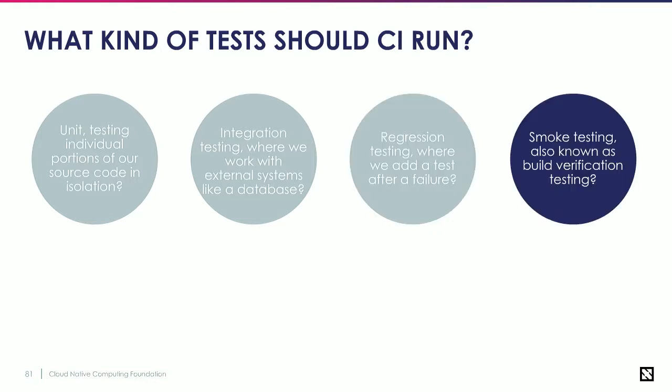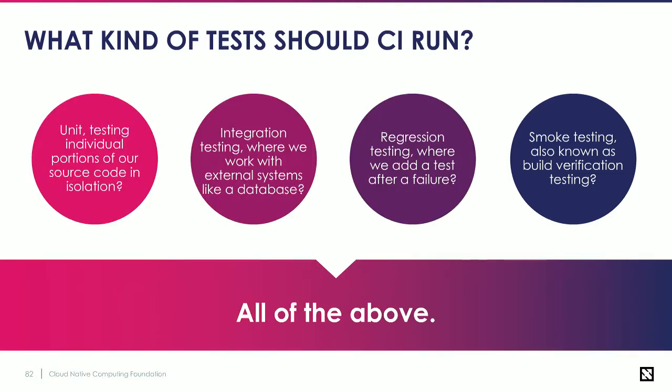And smoke testing, also known as build verification testing. And in fact, there are a number of other kinds of tests as well, such as the fuzzing that I referred to earlier. So the answer is that we should run all of the above, but we can get started with just a smoke test.